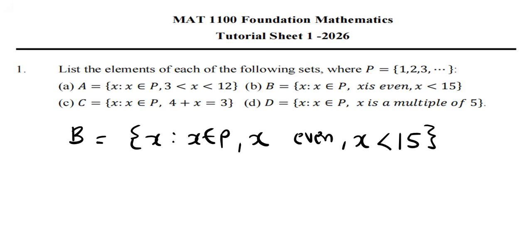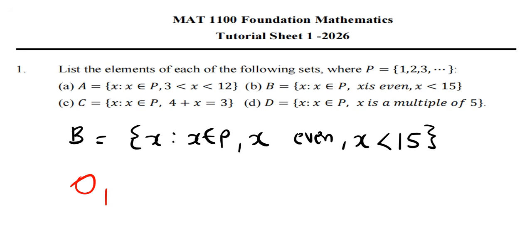P starts from 1 and goes all the way up, and X should be a member of P. So we're getting numbers that are less than 15, specifically only even numbers. Even numbers are those numbers that are divisible by 2.